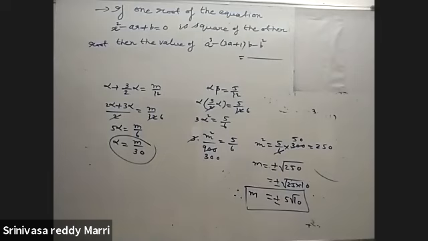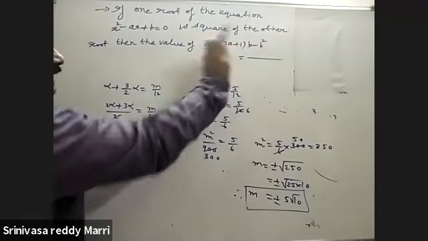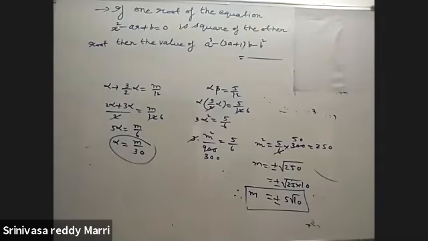Given that one root is the square of the other root, then he is asking the numerical value of that.